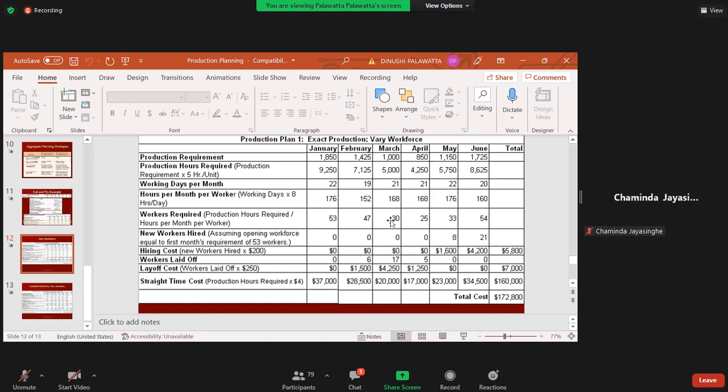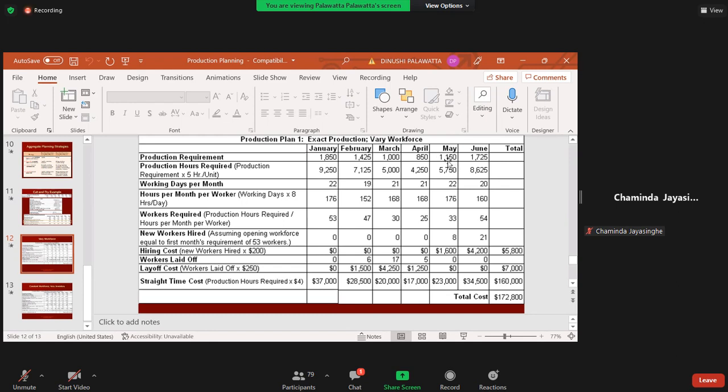In April, you begin with 30 workers. In order to make it 25, you have to fire 5 workers. 5 times 250, you get 1,250 as firing cost. 4,250 multiplied by 4, you get 17,000 straight time cost.